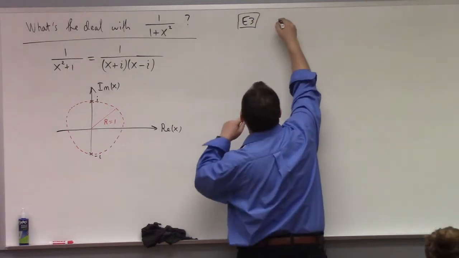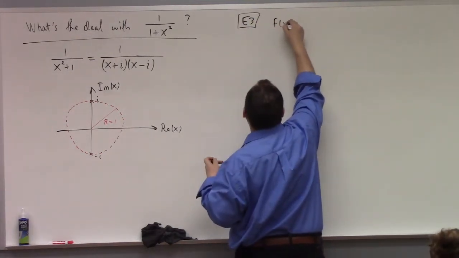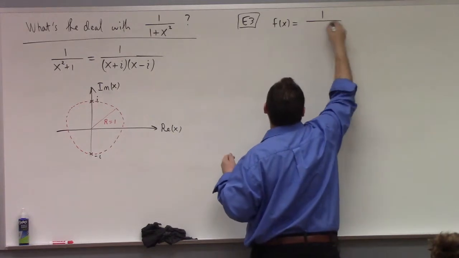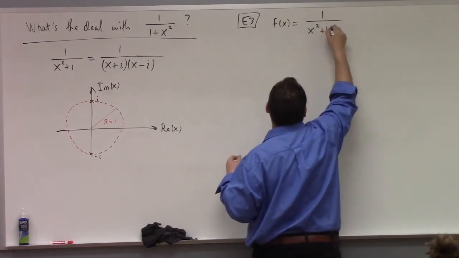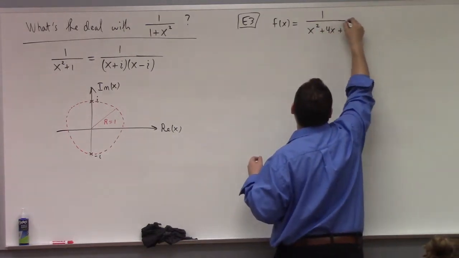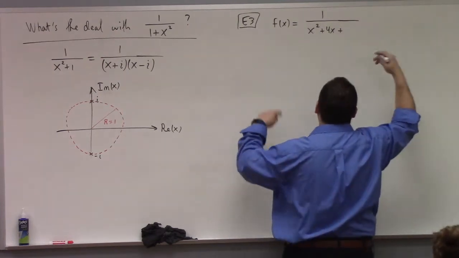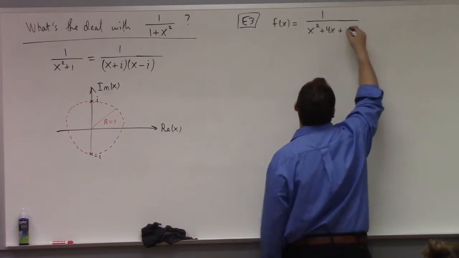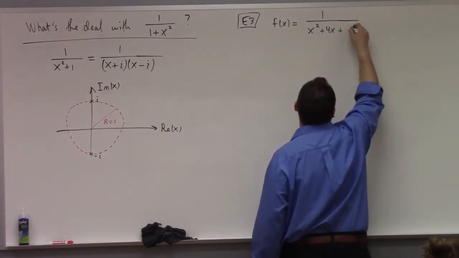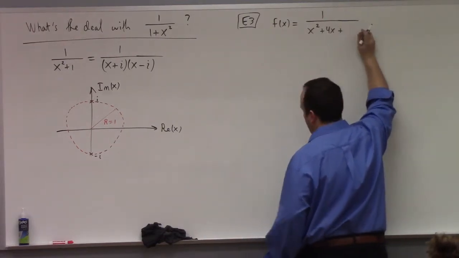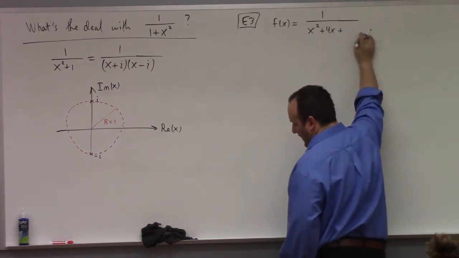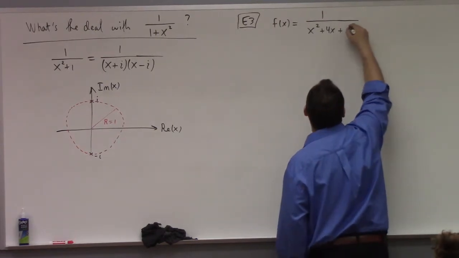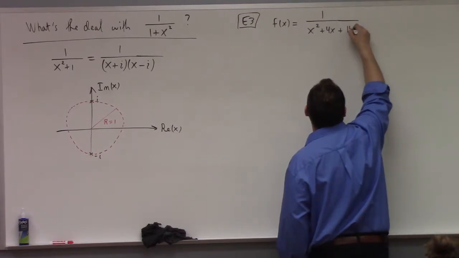If I had f of x equal to 1 over x squared plus 4x plus, I don't know, 9. Do I want 9? I don't want 9. I want to add 9. 14, I think. Thirteen.